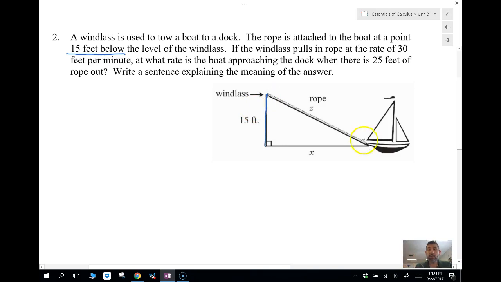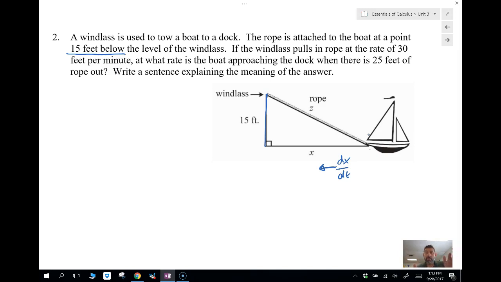What's not staying constant? The rope is being pulled in, and the boat's also being tugged in. So the x is going to change, and the dx/dt is going to go this way, in, so it's going to be negative, because x is shrinking. If x is shrinking, then we're going to have a negative rate.